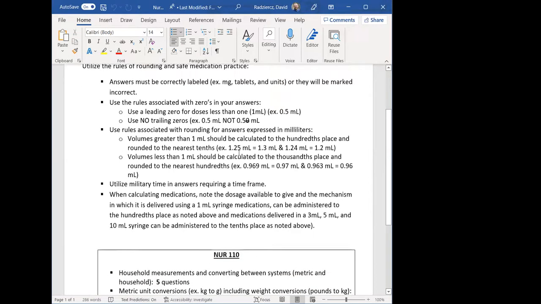All right, what about rounding? There's a couple of rounding rules that you'll see discussed multiple times throughout these review sessions. When rounding in nursing, it gets a little bit tricky as far as what population we're talking about. The rounding rules for the general population, adults, when we're talking about medications, these rules typically apply.